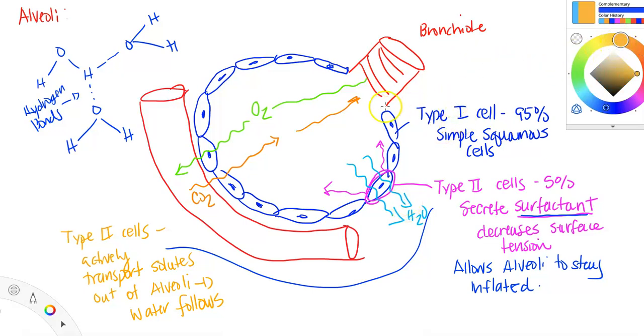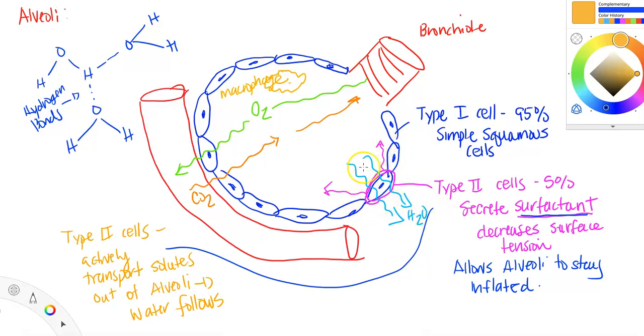The alveoli also have white blood cells in here, so macrophages. So if they're killing things, we've got to get the stuff out. You breathe stuff in, macrophages take care of some things, so those things have to be pumped out.